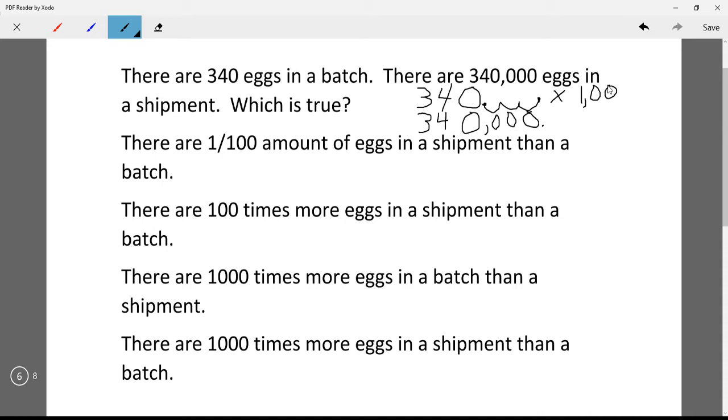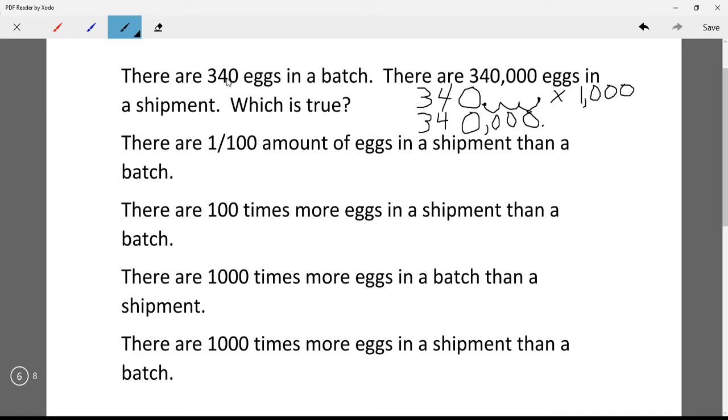So it's 340 times 1,000 equals 340,000, right? That would make sense. If there's 340, and then you're looking at 340,000, there would be 1,000 for each of them, right? 1,000 for each of the 340.